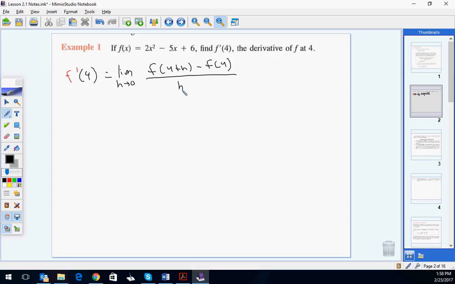So that's going to be a little bit ugly here, but I got to put the 4 plus h in there and square that out. So that's going to work out to be 32 plus 16h plus 2h squared minus 20 minus 5h plus 6 minus 18.